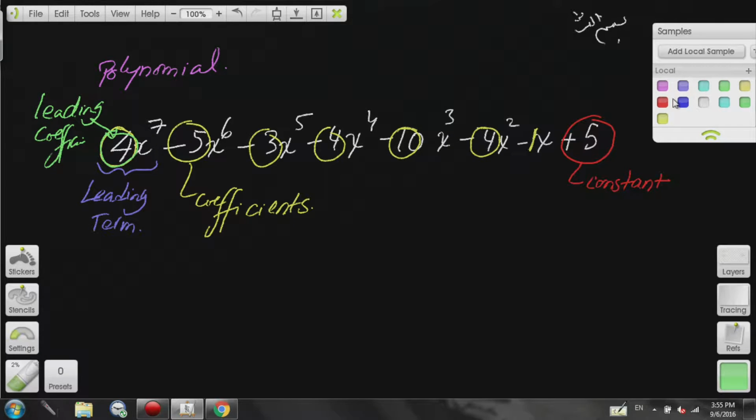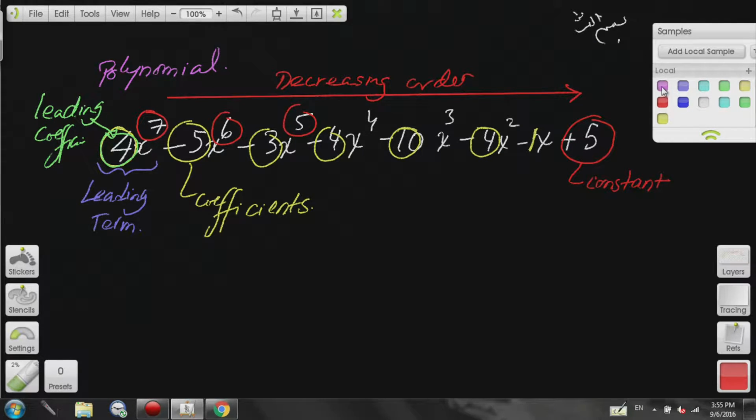Now you have first to appreciate that the exponents here, see, x to the 7th, x to the 6th, x to the 5th, these are arranged in decreasing order. So when they're in decreasing order, the term with the highest exponent will be the leading term, and the constant term is last. It is mathematical manners, so to speak, to write a polynomial in decreasing order of the exponents.